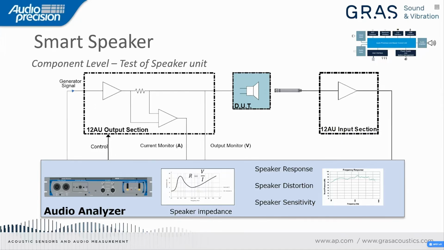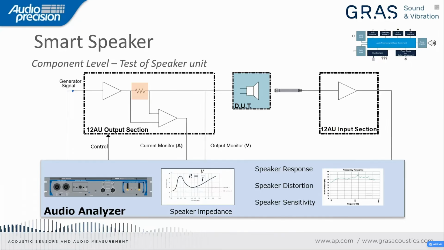And to measure the speaker impedance, you make a setup like the one we have here, where you have an amplifier. It is the one called the output section. It's a power amplifier. In this power amplifier, you have a little current sense resistor. It is the one we have marked here.